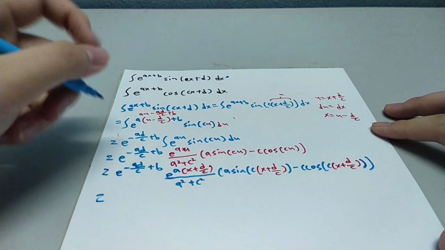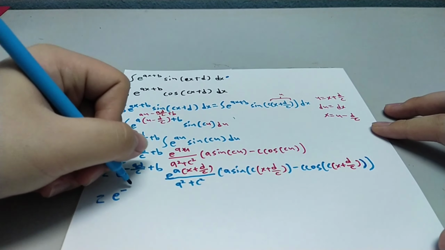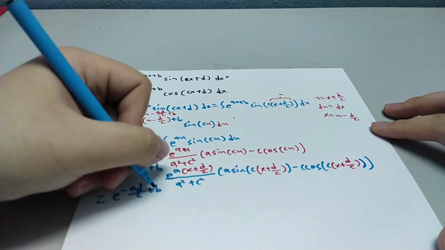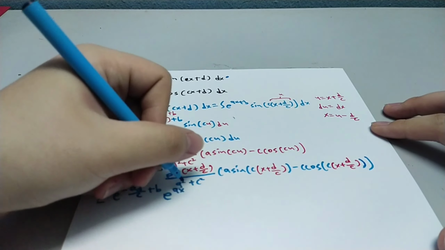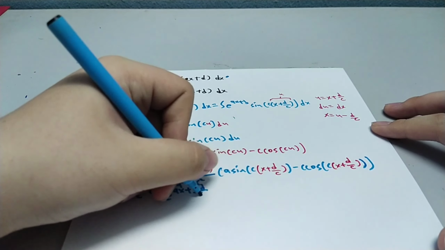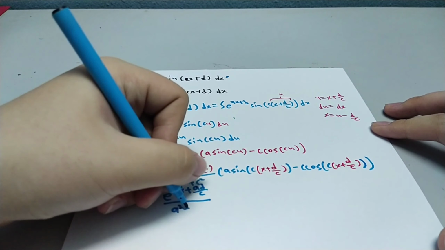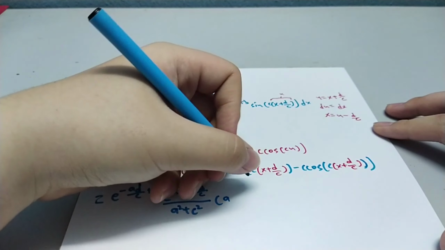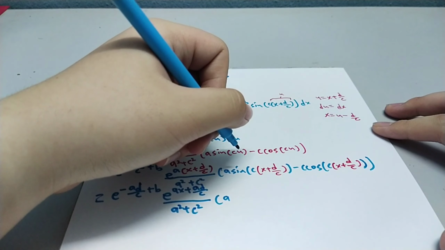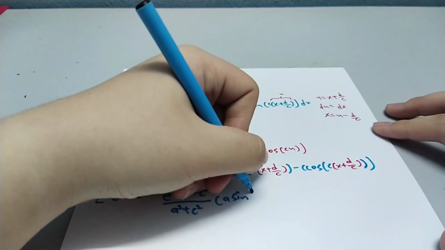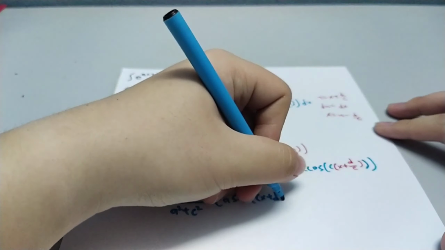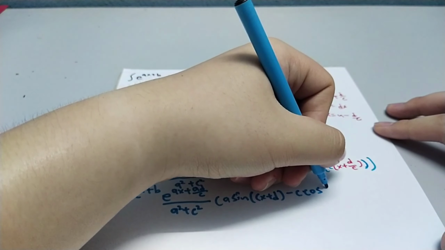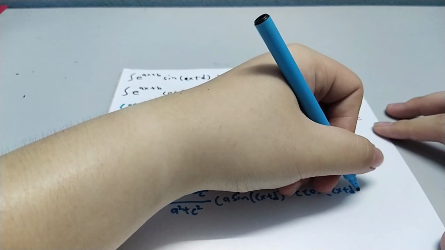And then we expand, then I will have e power of negative ad over c plus b times e power of ax plus ad over c over a square plus c square times a times sine of cx plus d minus c times cosine of cx plus d.